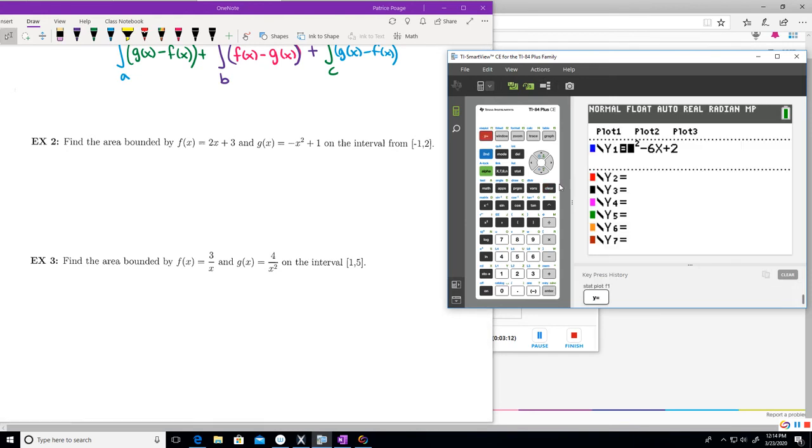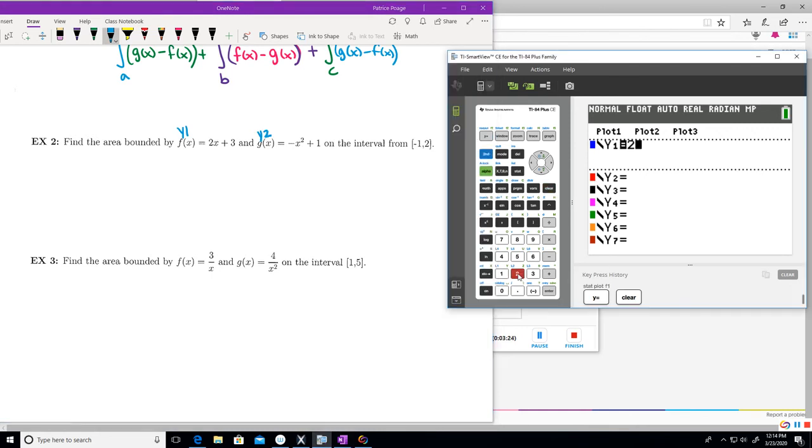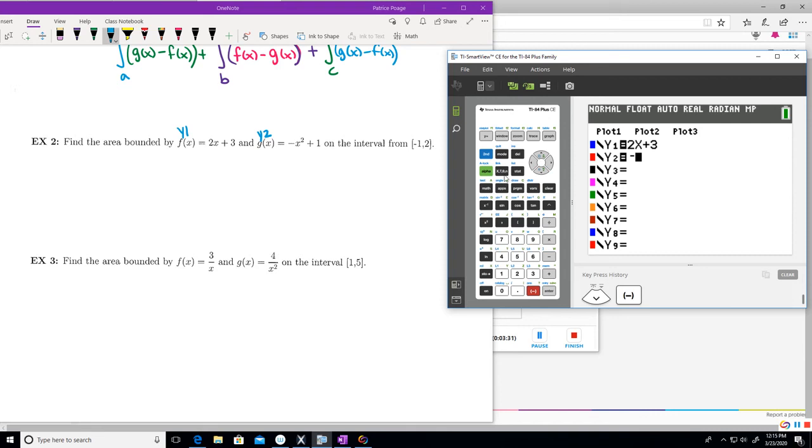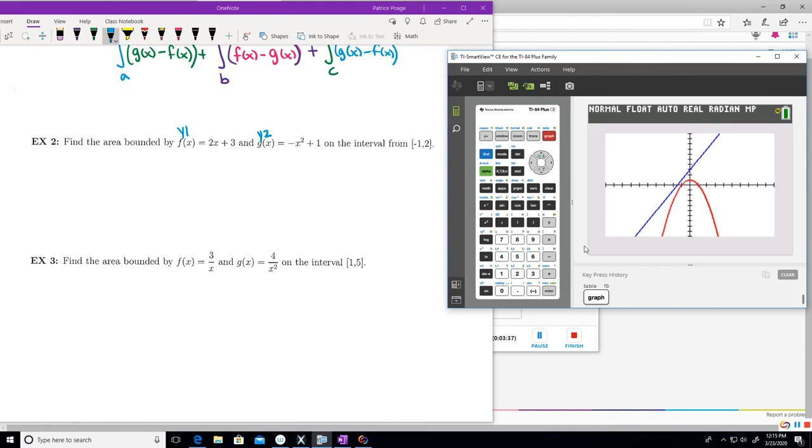I'm going to go to y equals, and I'm putting this one in y1 and this one in y2 so that I know what to do after all this. In y1, I'm going to have 2x plus 3, and in y2, negative x squared plus 1. I'll just hit graph.